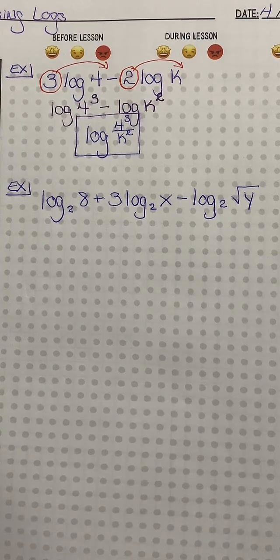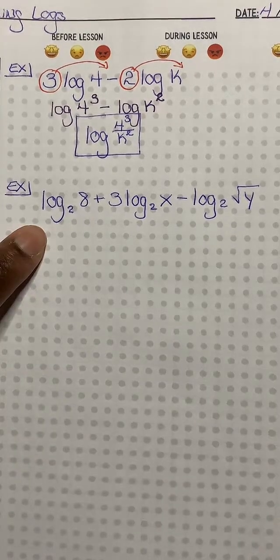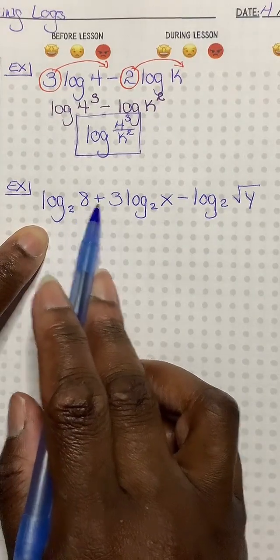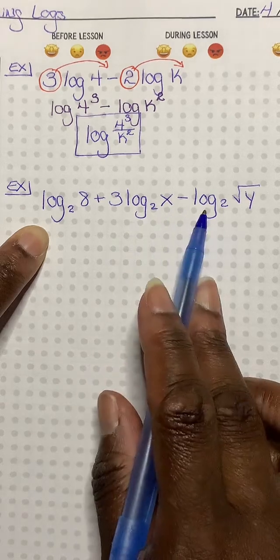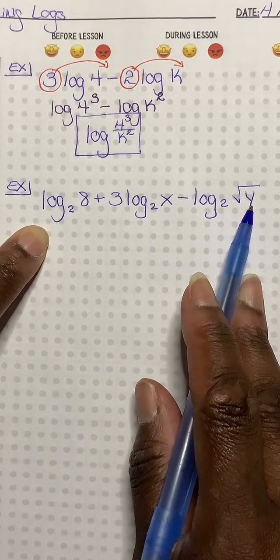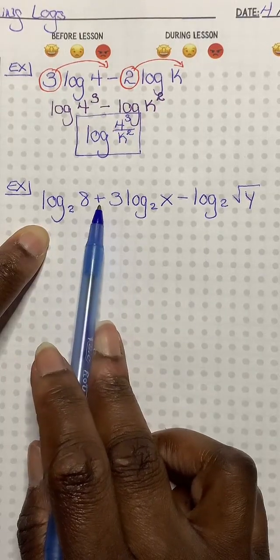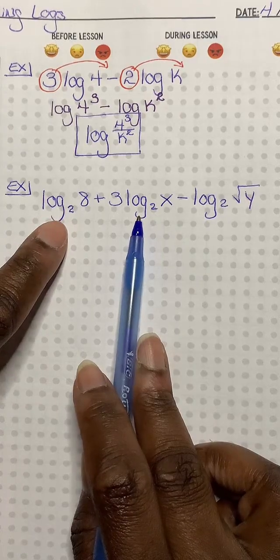Let's go. Let's give it a try. All right. So the first part, we have log base 2 of 8 plus 3 log base 2 of x minus log base 2 square root of y. Well, I know, since I see this plus sign, that these two things are going to be multiplied together.